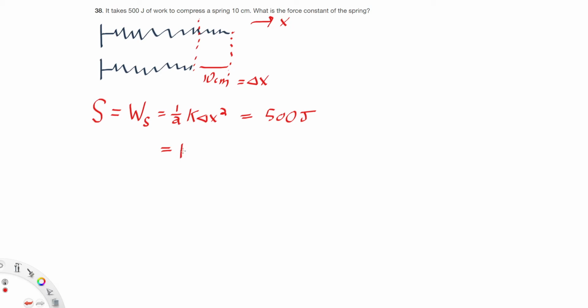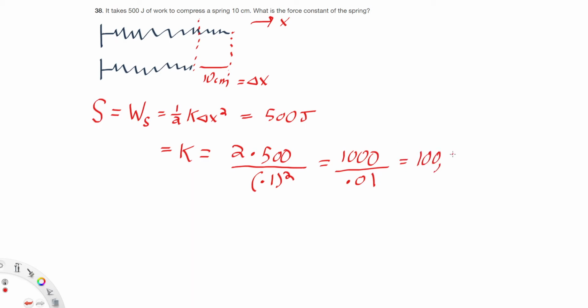So k equals 2 times 500 over delta x squared, right? The change in x is 10 centimeters, so 0.1 squared. So this is 1,000 over, what, 0.1 squared is 0.01. So we're looking at 100,000.